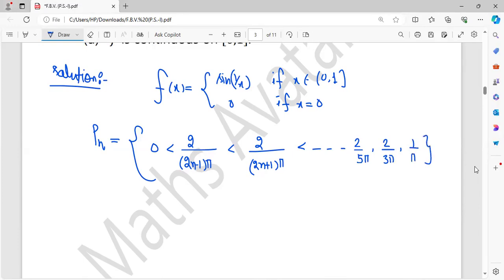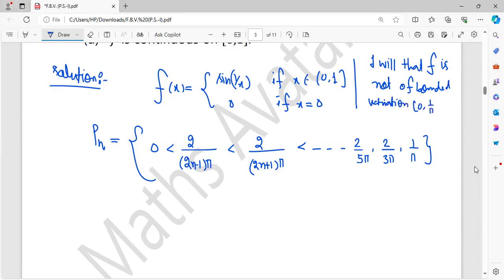Okay, so I will show that f is not of bounded variation on closed interval [0, 1/π], which is a subinterval of [0, 1].